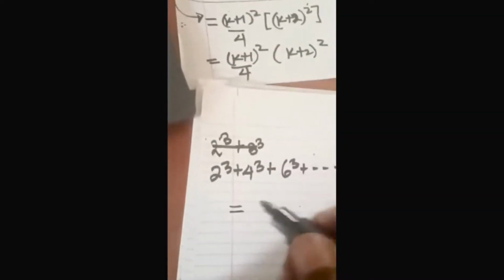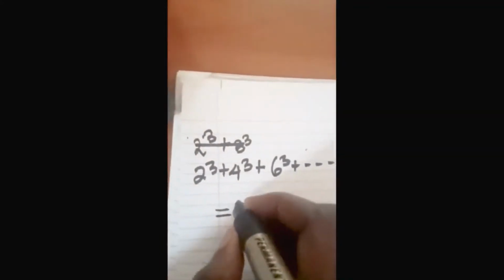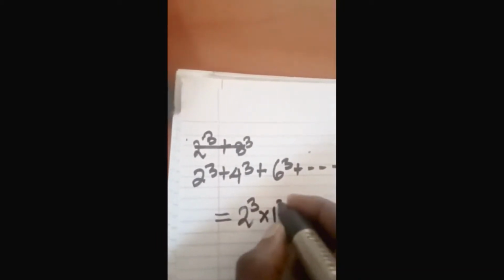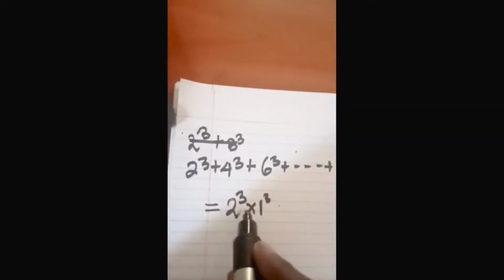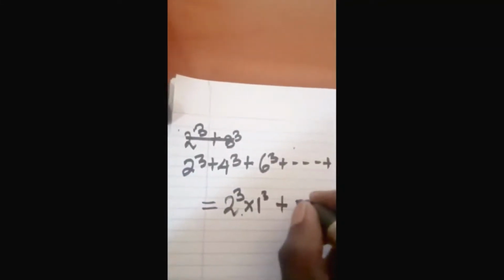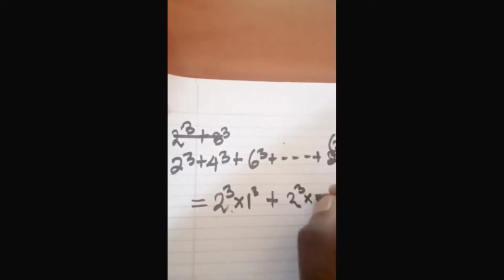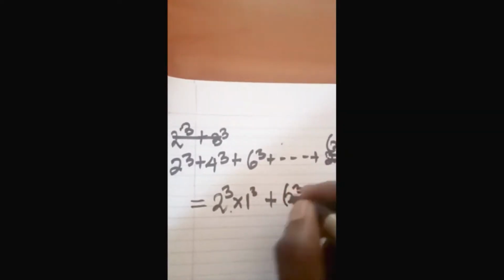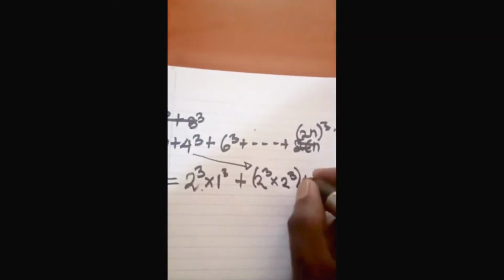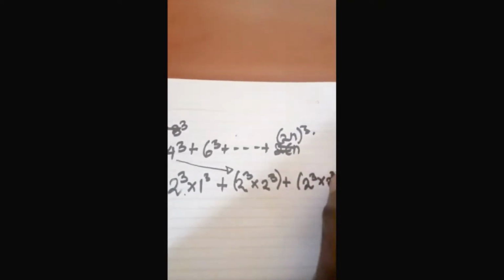How do we write these ones here in terms of this guy here? If you try to pull out a 2, we can get something better in front of us. This one can be written as 2 to power 3 times 1 to power 3, plus 2 to power 3 times 2 to power 3, plus 2 to power 3 times 3 to power 3.